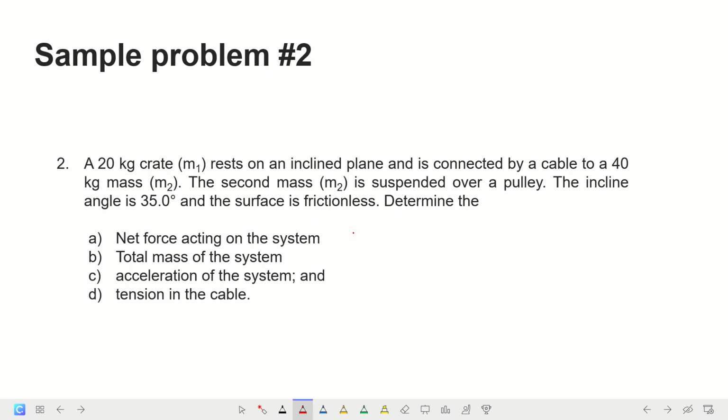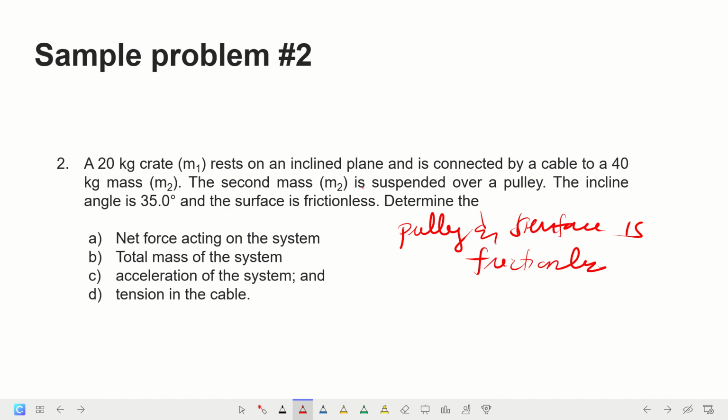So take note that in this problem, we assume that the inclined plane and our pulley system is frictionless. So the pulley and the surface is frictionless.